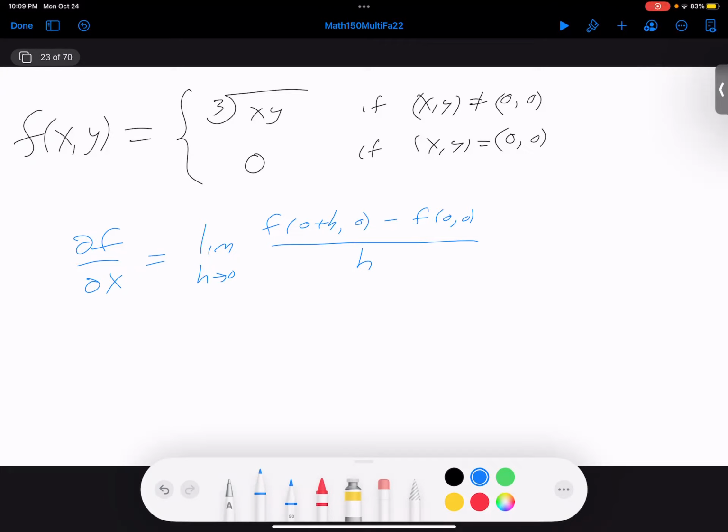So if x is h and y is 0, what is that going to be? If I evaluate f at the point (0 + h, 0), that means take x to be 0 + h. So x is h, y is 0, and take the cube root. What will that equal?